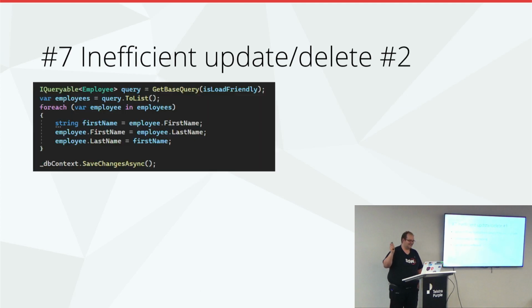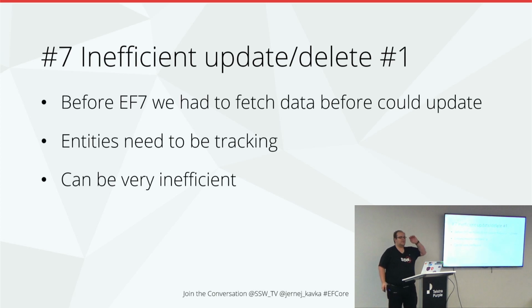Okay. So what happened before EF7 is if you want to update an entity, you first need to fetch it from the database and it needs to be tracking. Then you need to modify it and then you need to save changes. Now, what that means is that you need to have at least one select statement and one update statement.